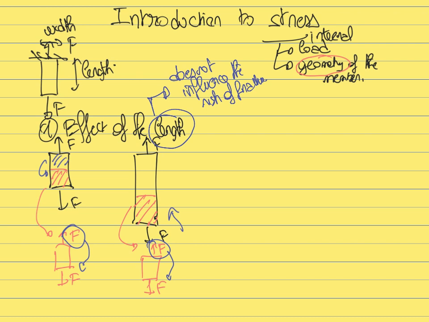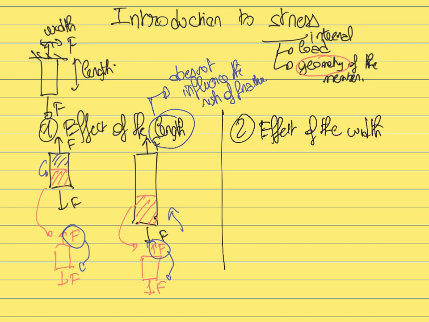So now let's talk about the other geometrical feature, which is the width, the transversal width. So again, let's take two examples of two beams. One is the same beam as before, and another one is going to be the same beam, but this time 2 times thicker.